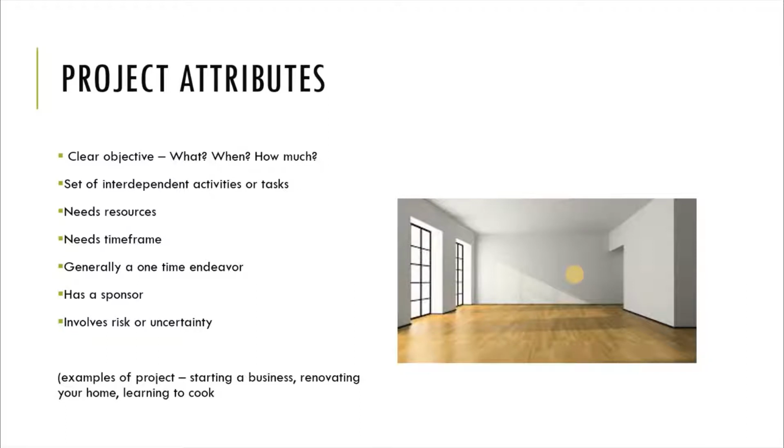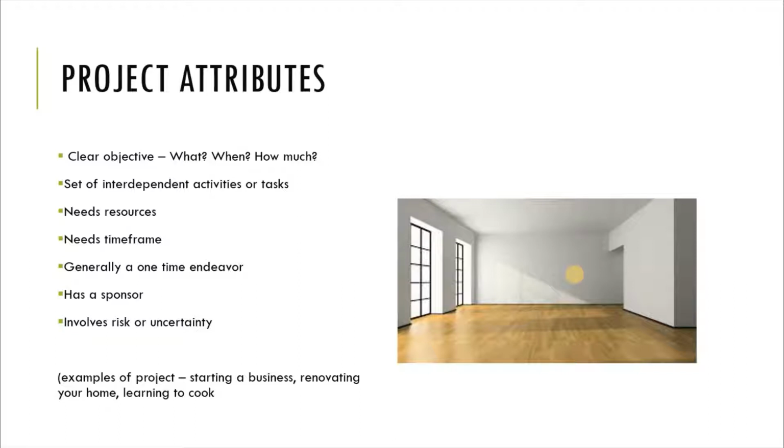This is not only defined as a list of goals. That is just one part, but it also needs to mention the schedule and the budget within which the goal or the deliverable needs to be achieved. For example, in this case, doing a makeover of a room is the objective only if we mention that the makeover needs to be completed in 15 days and within a budget of maybe $500. So that's the objective.